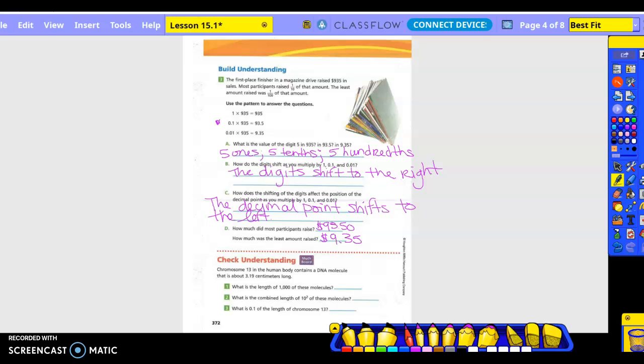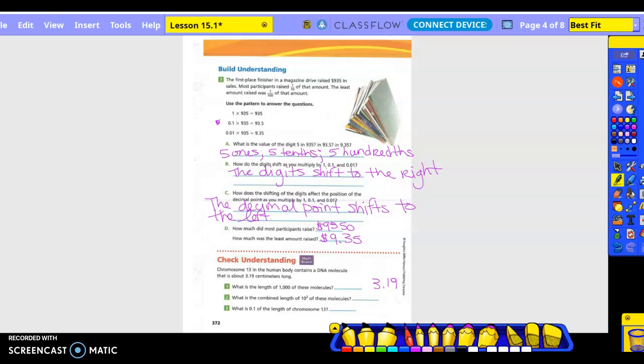Check understanding. Chromosome 13 in the human body contains a DNA molecule that is about 3.19 centimeters long. What is the length of 1,000 of these molecules? So I'm going to show my work and write the original number, which was 3.19. And then they want to know how many of those? 1,000.